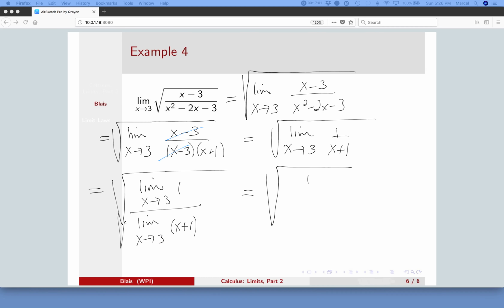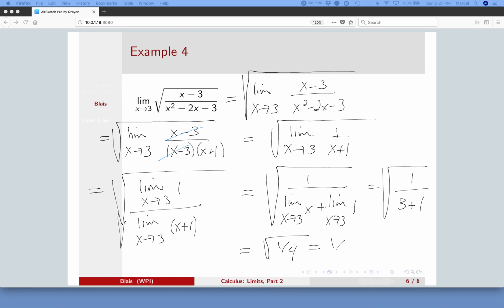And in the bottom, we would use the sum law to say we have the limit as x goes to 3 of x plus the limit as x goes to 3 of 1. So this again was our sum law. And now this limit as x goes to 3 of x is 3. From the constant law, this other limit is 1. So we get the square root of 1 fourth, or 1/2.